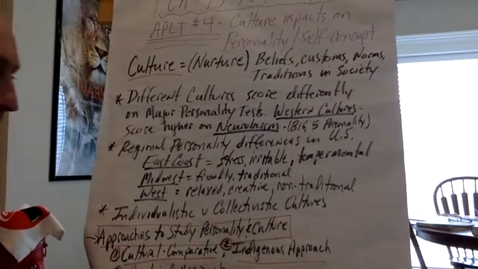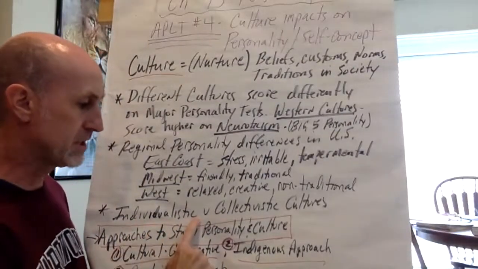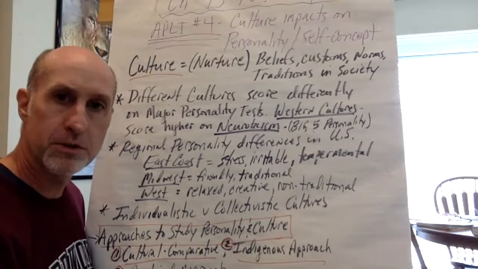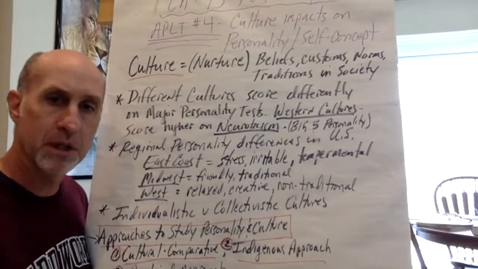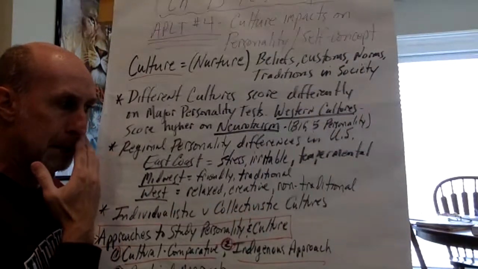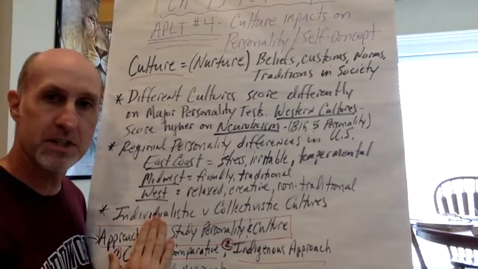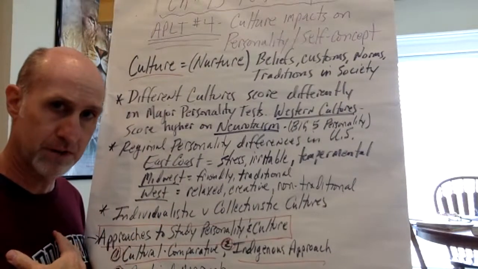Then we also talked about in the book the difference between individualistic cultures and collectivistic cultures. That's been a big theme throughout the book. Depending on which culture your country is, you have set personality traits that are going to come from that. We are individualistic, so we value self over everything.